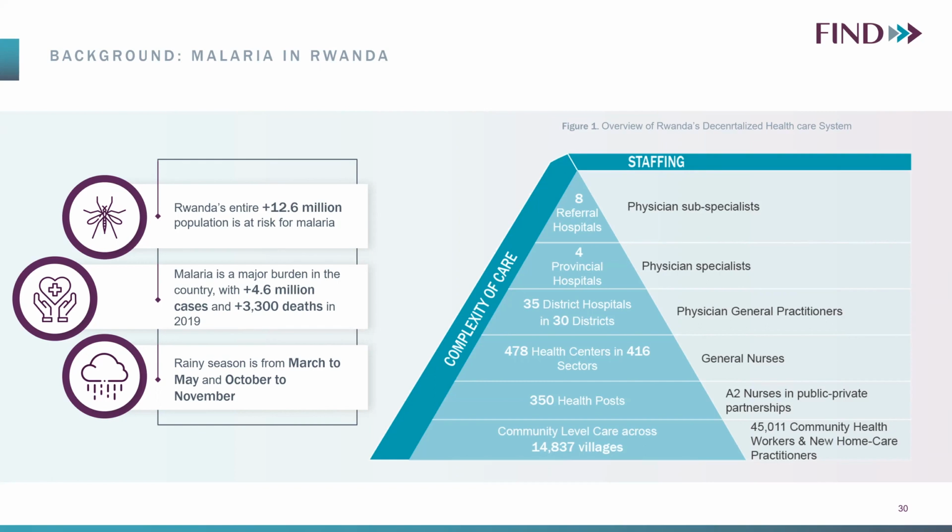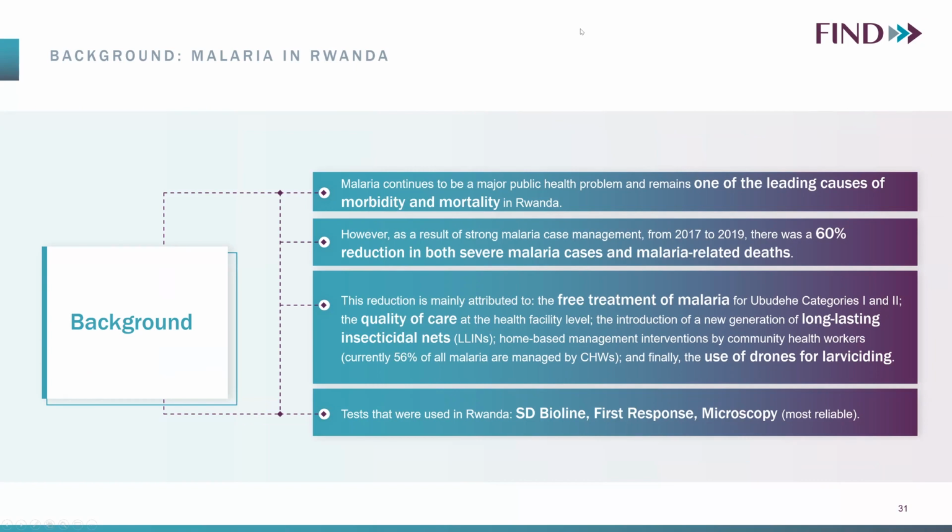Next slide, please. So you can see that malaria has been a problem in the country, but luckily, from 2017, we have been able to control and reduce the cases, about 60% reduction in mortality and morbidity.